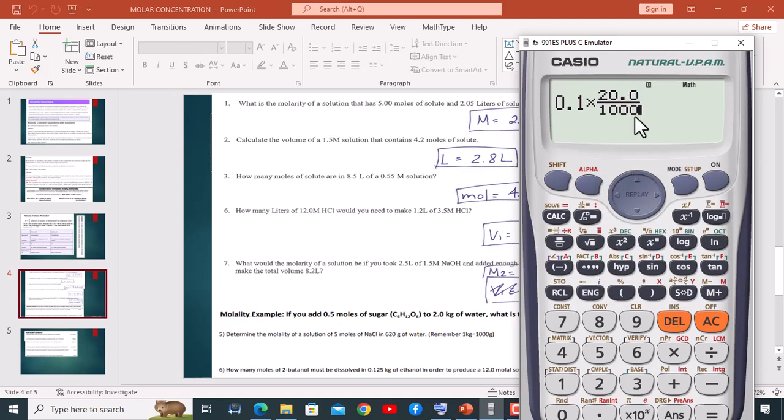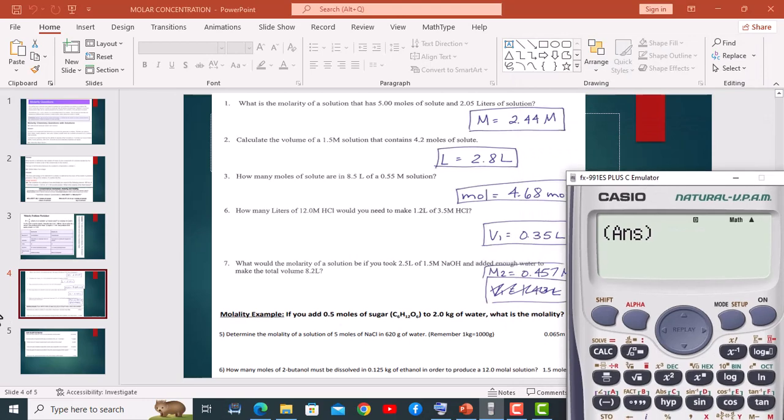There it is. So what will this provide to me? This will give me the number of moles. Let me say equals, and then let me do this. So we have the number of moles for this one.